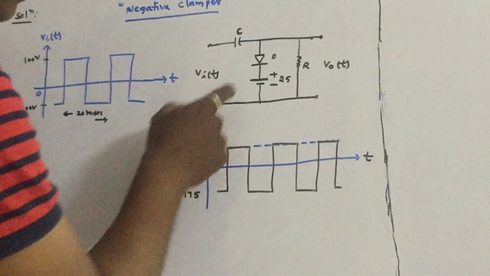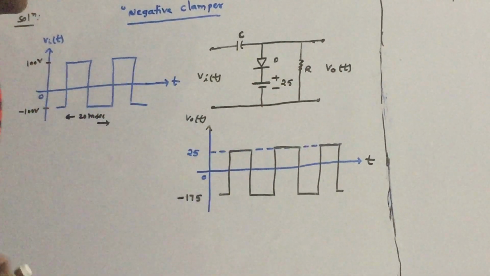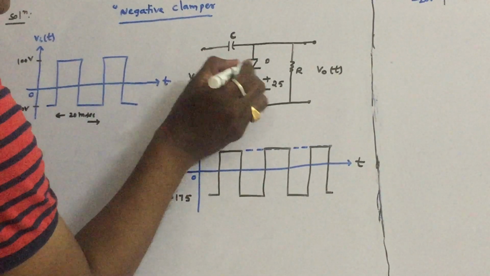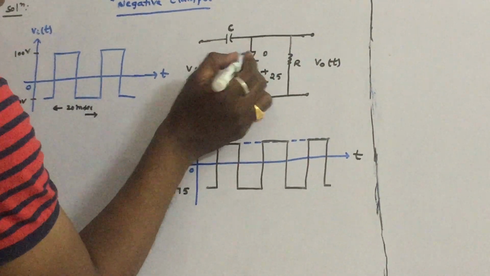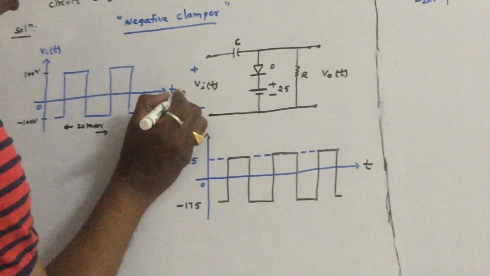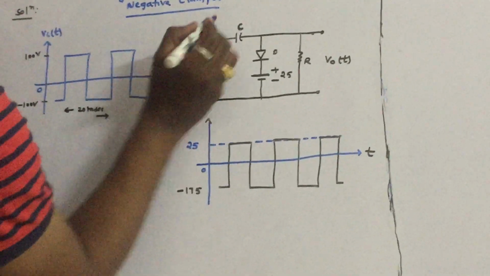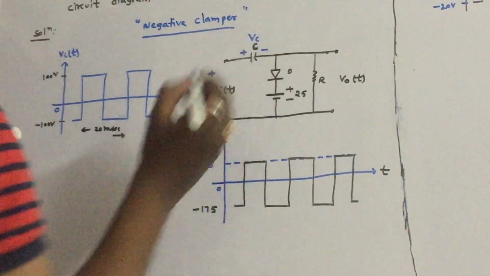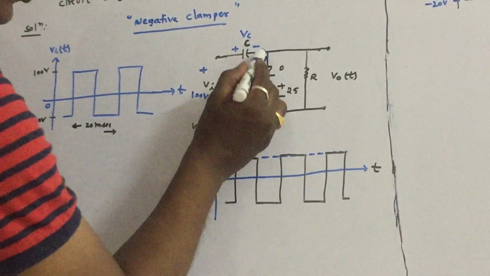Again let us find the voltage across the capacitor and output voltage expression. So what is the input voltage? Because the diode is in this direction, we have to take the maximum peak voltage, 100 volts. So therefore the capacitor will charge with this polarity. Let us say the capacitor voltage is Vc.